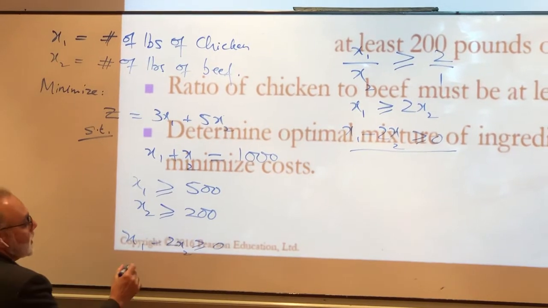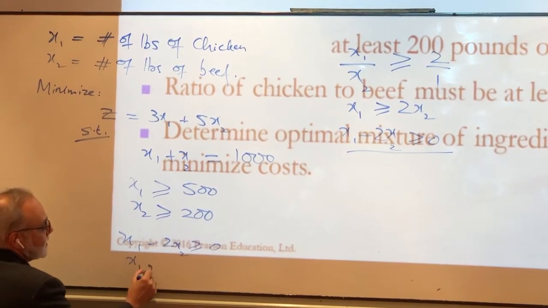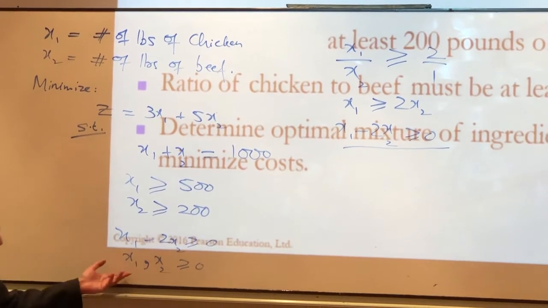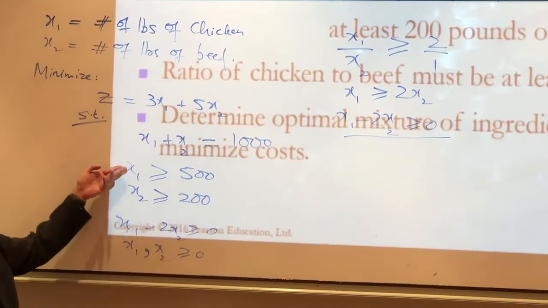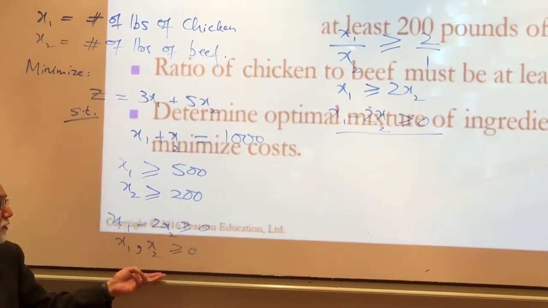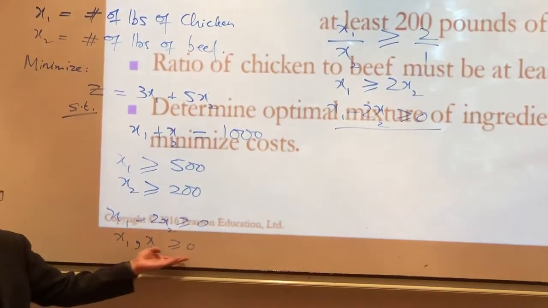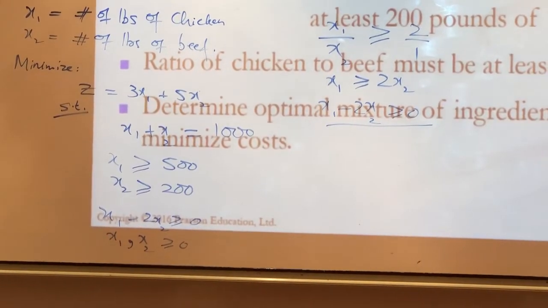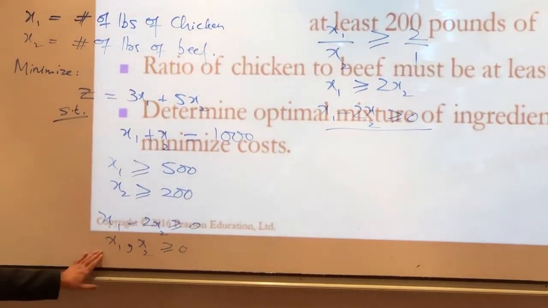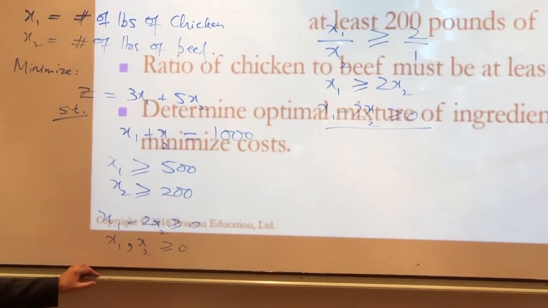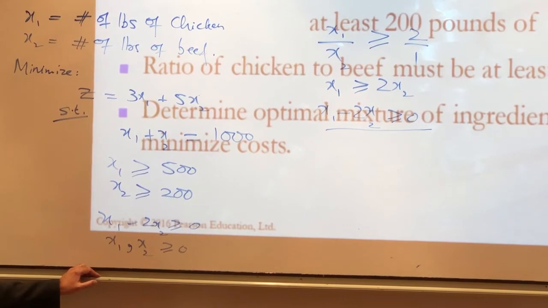And of course the final constraint is the non-negativity constraint. Although this is a redundant one because x1 is also greater or equal to 500, and x2 is also greater or equal to 200. So this constraint is redundant, but for completeness' sake, we will write down also this non-negativity constraint. Clear?